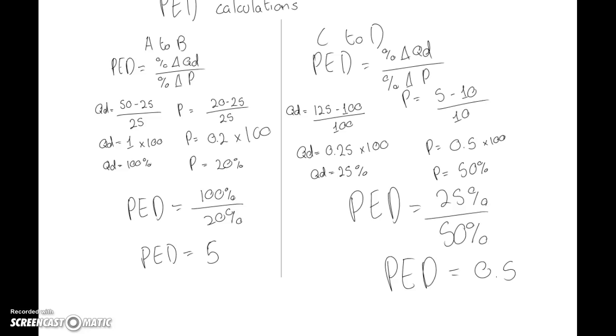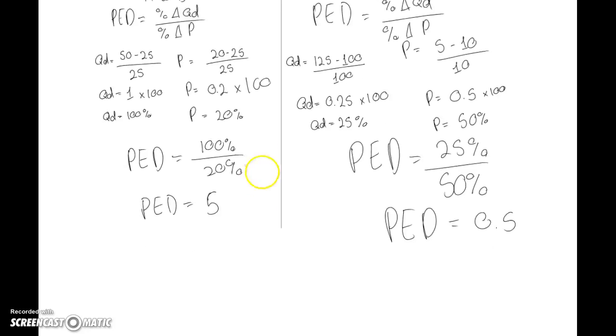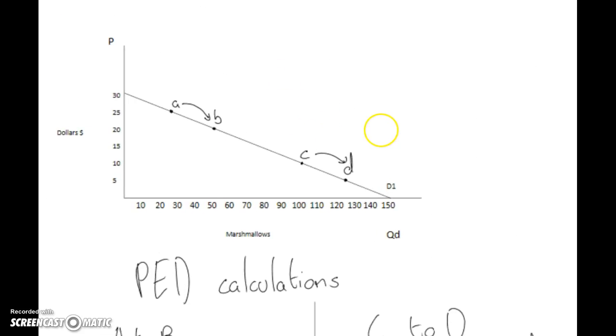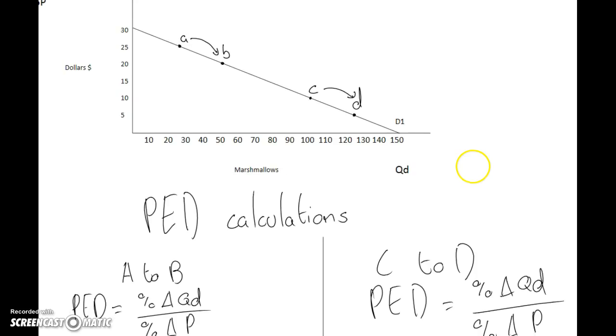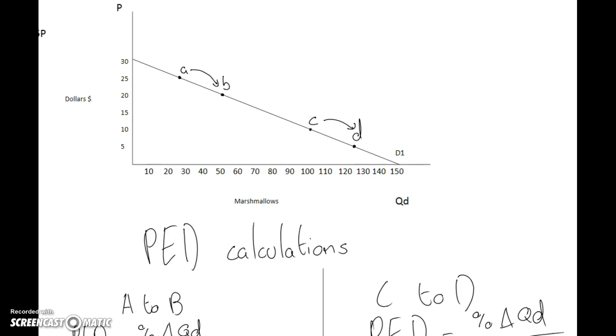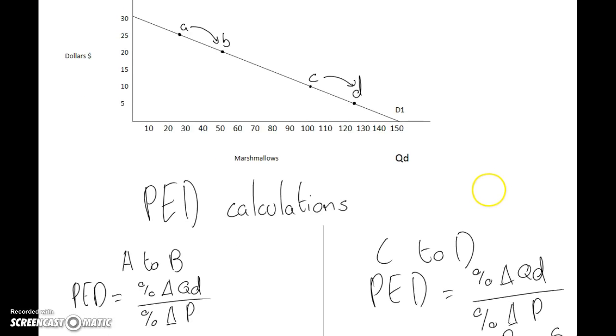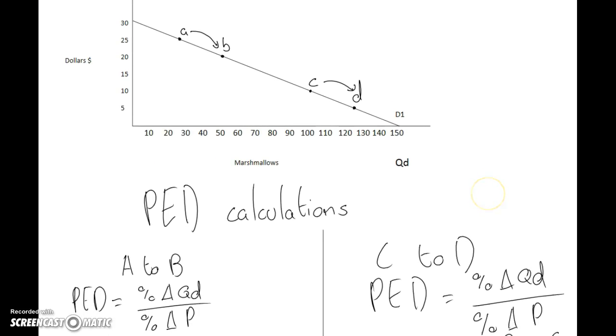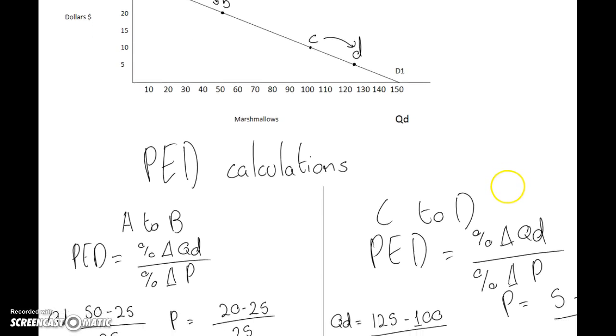This is because if the change is at the top half of the graph, that is A to B, then the PED is going to be elastic, which means it's going to be more than one. Yet if it's at the bottom half of the graph, the PED is going to be inelastic, which is going to be less than one.